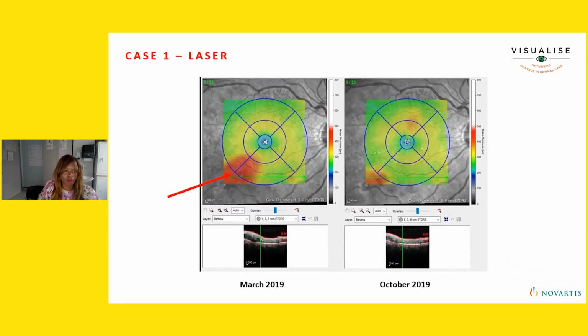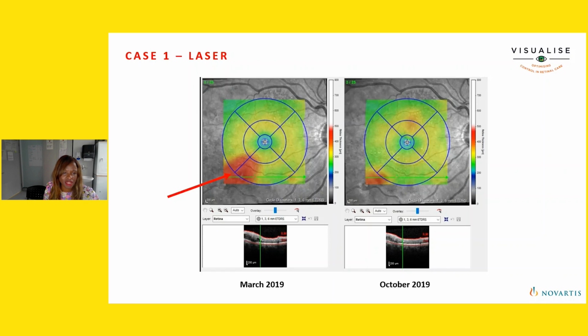So this is one of my patients, and you can see on the left there is a red arrow pointing to an area of redness within this map. So I'll just talk you through this picture. The big blue circle is basically denoting the macula. The small one within it is the fovea, basically, the 1 millimeter of the fovea.